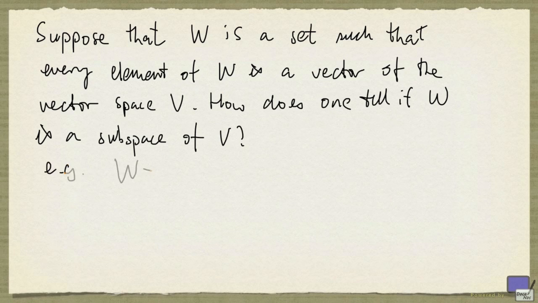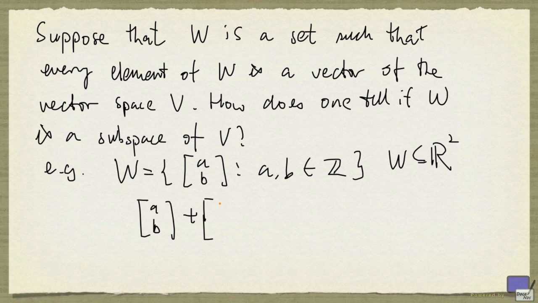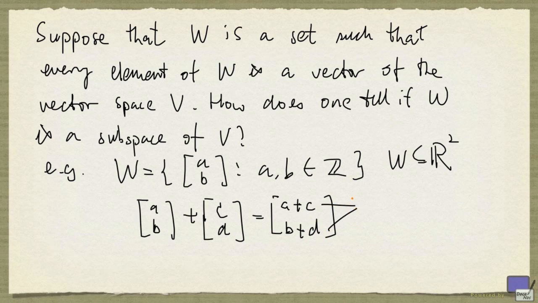So for example, say W is the set of two-tuples (a, b) such that a and b are integers. So clearly W is a subset of R^2 because every two-tuple here is an element of R^2. Now notice that W is closed under addition because if you take any two tuples (a, b) and (c, d), where a, b, c, d are integers, you get a plus c in the first entry and b plus d in the second entry. And now both of these are also integers.